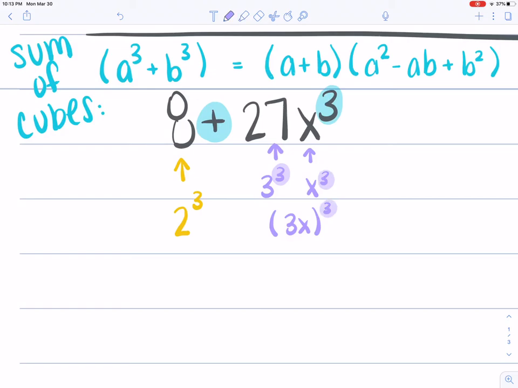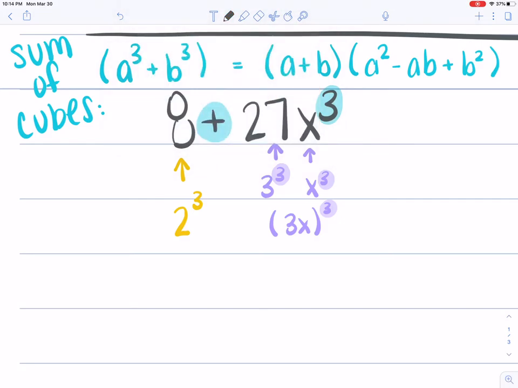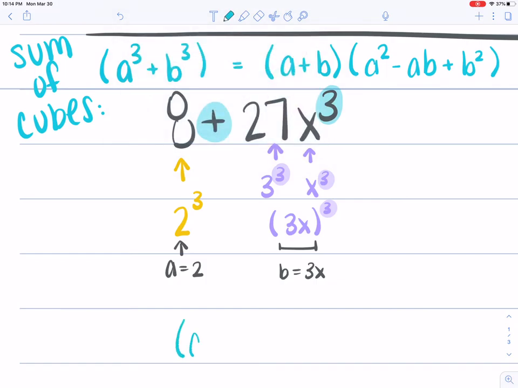So now in my formula, I have this thing acting as A and this thing acting as B. So now it's going to be pretty easy. I'm just going to rewrite that formula, the second part, so that you can see where stuff is being filled in.